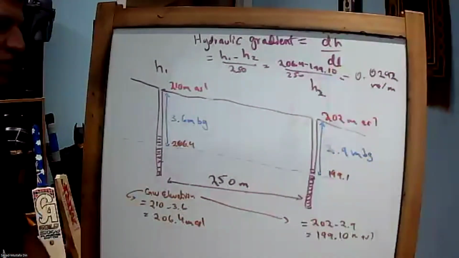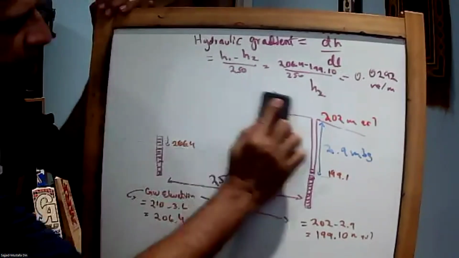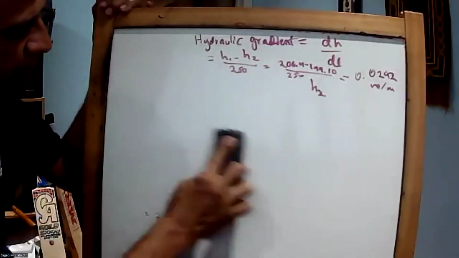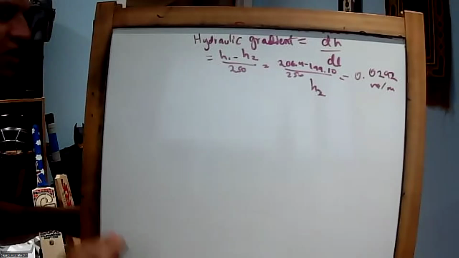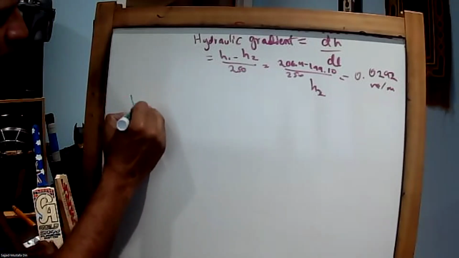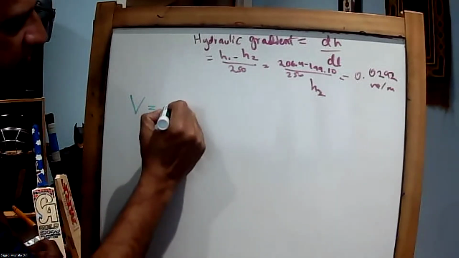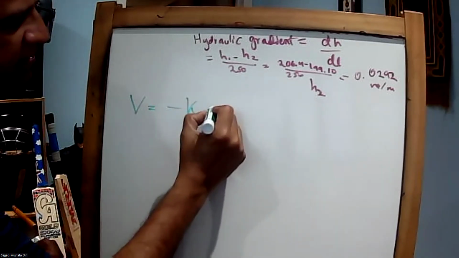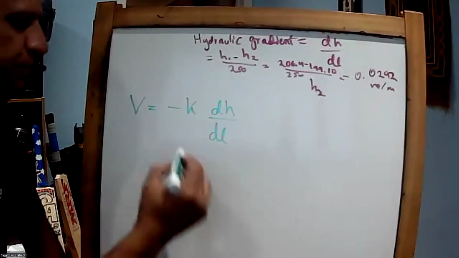Now, in order to determine the velocity according to Darcy's law, you multiply this by K. What is K?